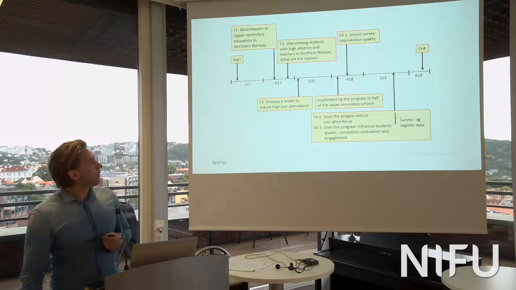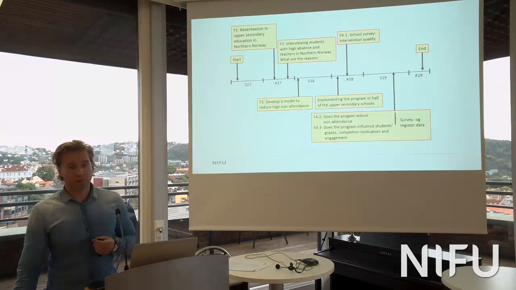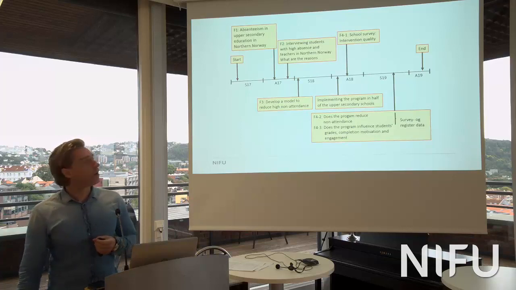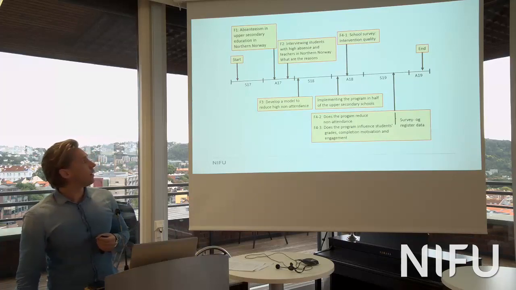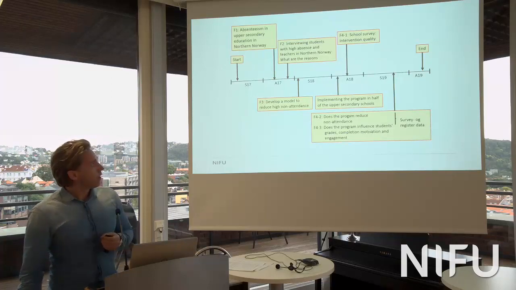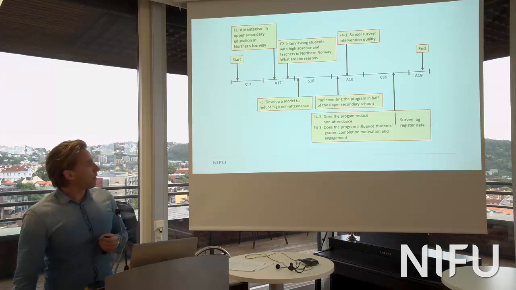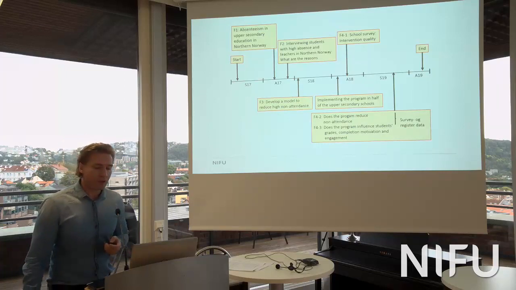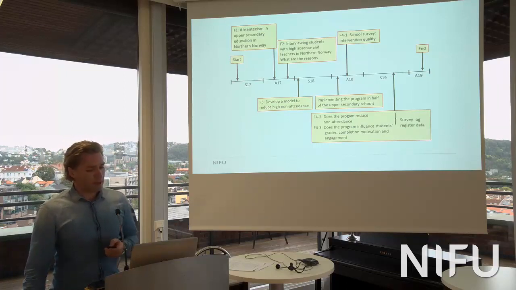We will implement a program autumn next year, and we will have a school survey at the end of the school year 2018. And we will look at both survey and register data to look at the effect of the intervention. It's expected to end autumn 2019.